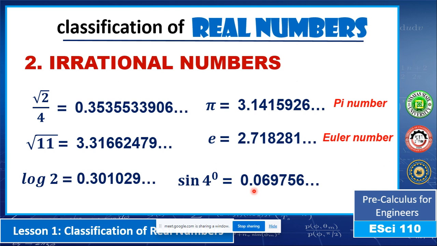Do you think it is an irrational number, class? Are you familiar with that one in your physics subjects? Do you think acceleration due to gravity is an irrational number? What do you think, class? Do you have any idea? How about the others? Is it an irrational number?